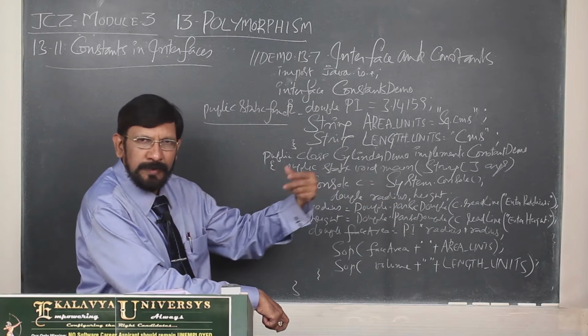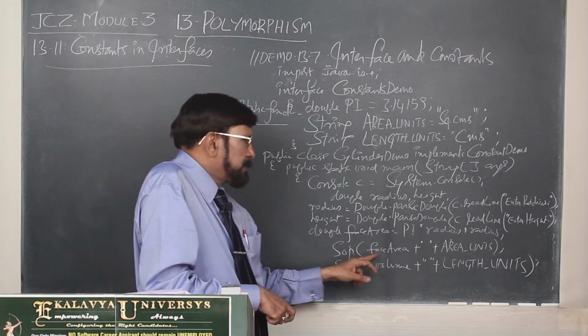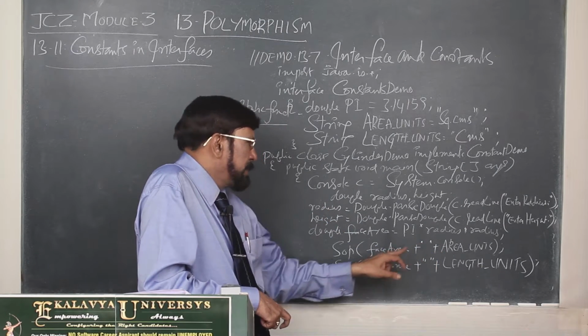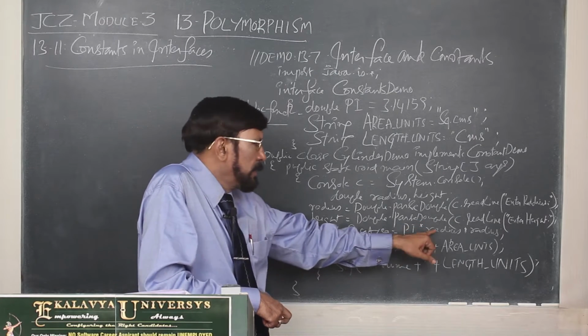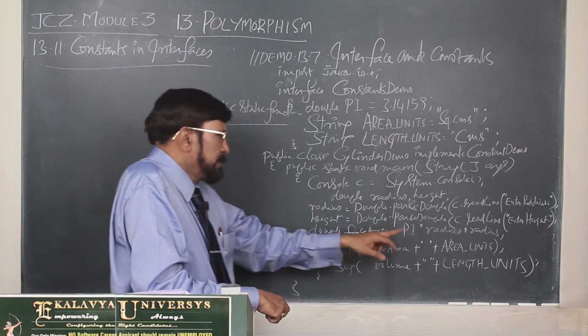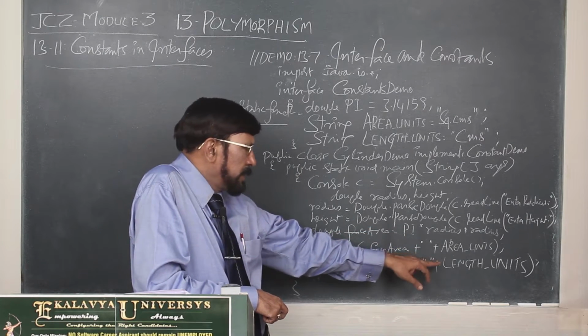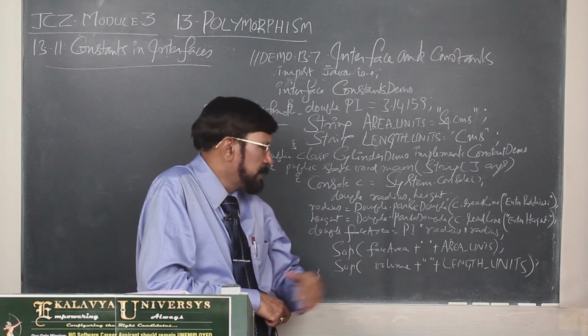The values you read from the keyboard are stored here, and thereafter we are writing them. Then face area is equal to pi into radius into radius, and ultimately with the units, square centimeters and centimeters, they are printed.